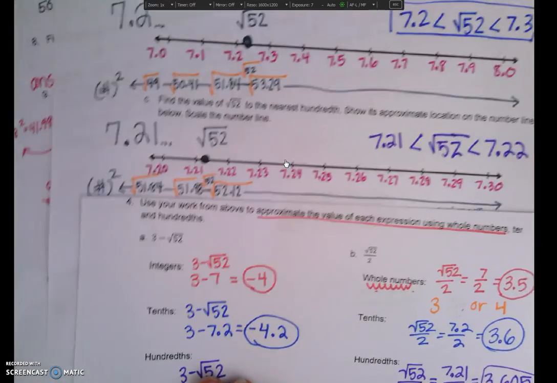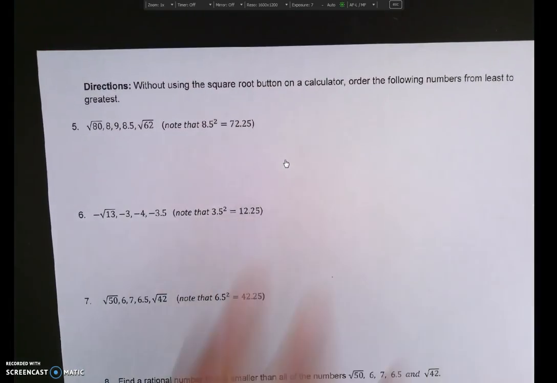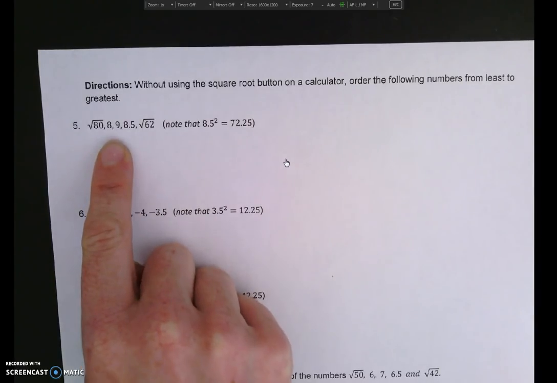Taking a look at our next part of the lesson, if we turn the page, it says without using the square root button on your calculator, order the following numbers from least to greatest. Just like when we were ordering decimals or fractions, we wanted all of them to be written in the same format. So looking here, I want to write them all as radicals or all as decimals.